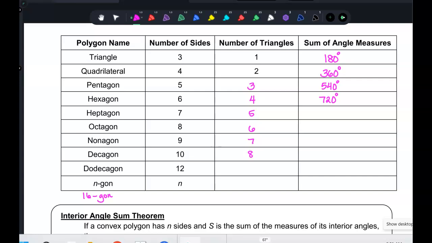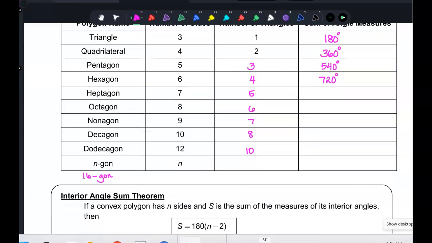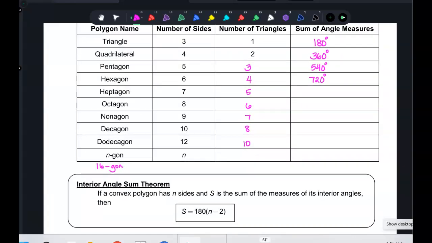If there are n number of sides, how many triangles are there? n minus 2. What do we notice about the relationship between these two numbers? There's always two more sides than there are triangles.